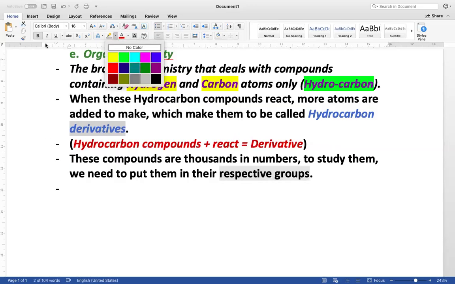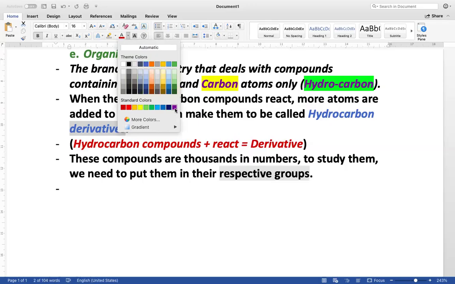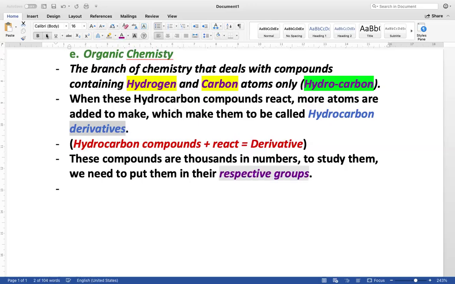Even in church, when we have a very big congregation, the pastor will say we can have a women meeting, a youth meeting, a marriage meeting, small groups based on the categories that we have, and these will be very easy to manage. The same applies to organic compounds. We put them in groups and it becomes easy to study them.